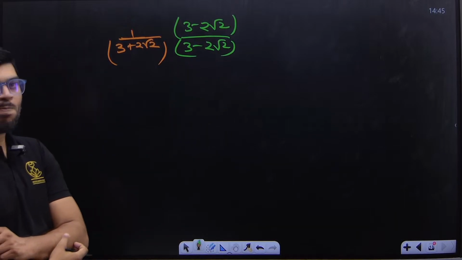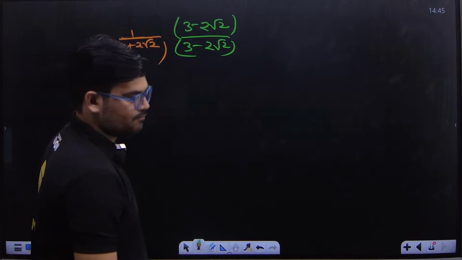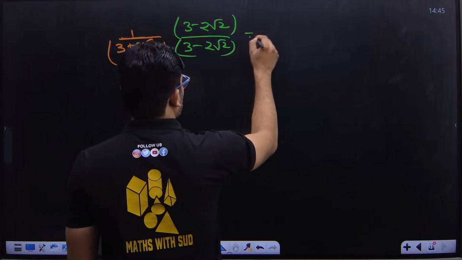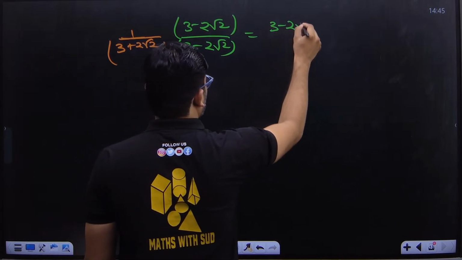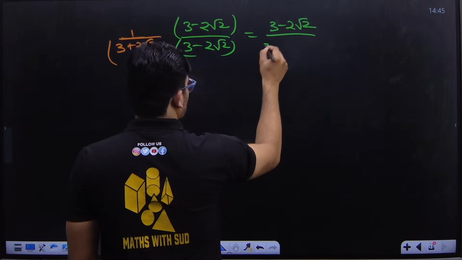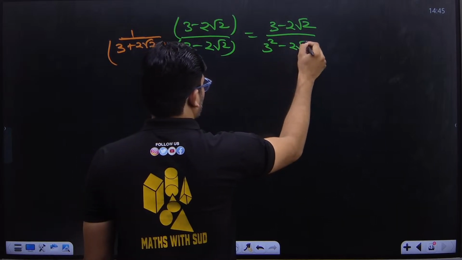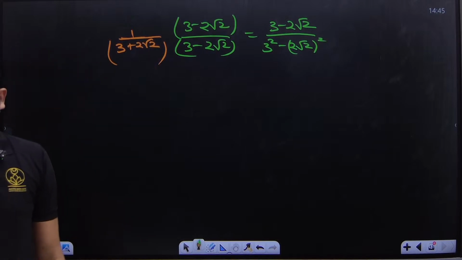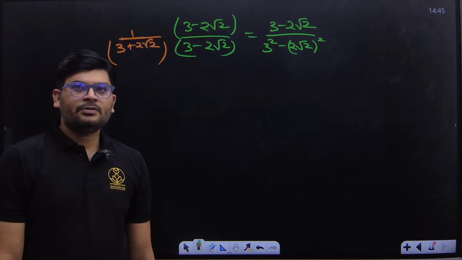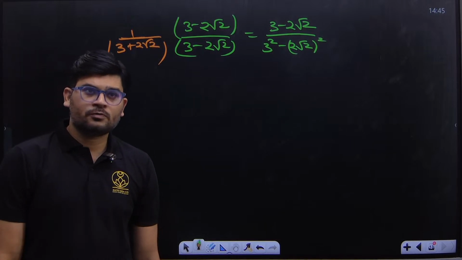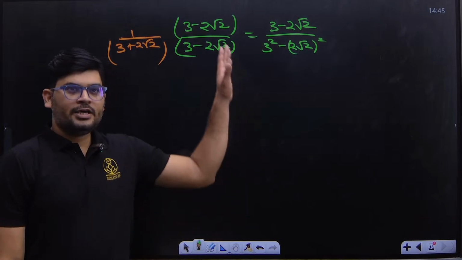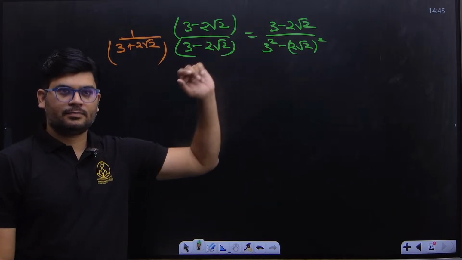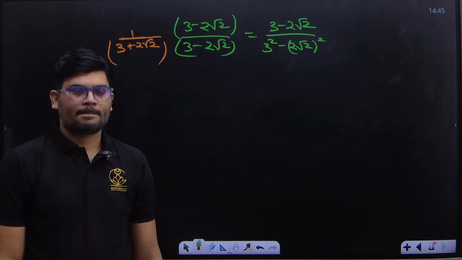So the numerator is 3 minus 2 root 2 divided by 3 square minus 2 root 2 whole square. A square minus B square. 3 square minus.